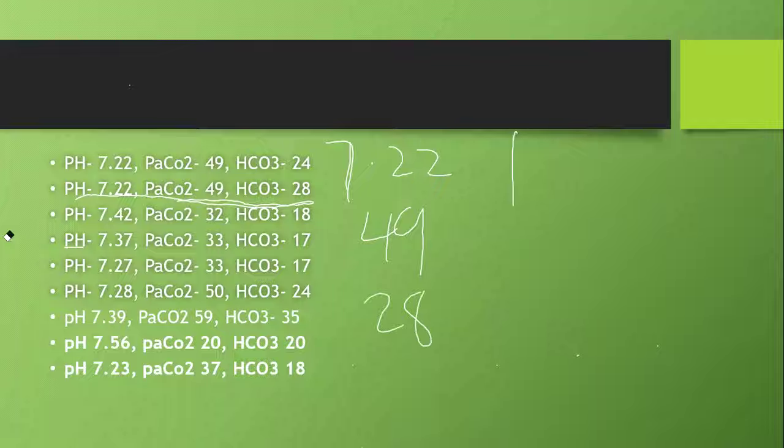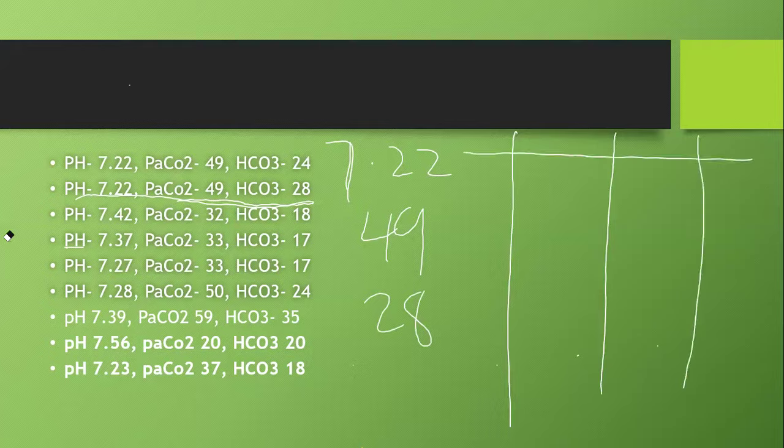So now let's put our table here. Acid here, base here, the middle is normal. Now pH is 7.22. Is it acid, base, or normal? Acid. So pH will be here.